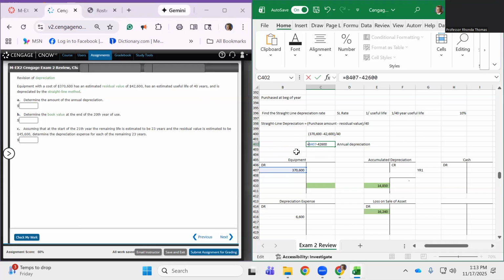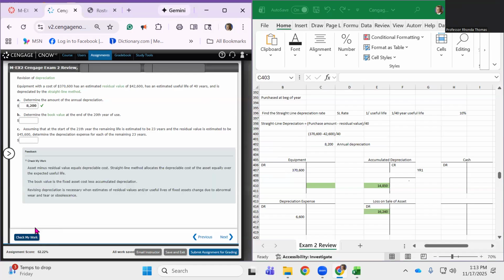It doesn't say if they want it in 2 decimals, I don't think so. That's going to be our numerator, and we divide by 40. I got $8,200 as my annual depreciation. Let's see if I'm right. Yes. So every year, years 1 through 20, we're going to put 8,200.